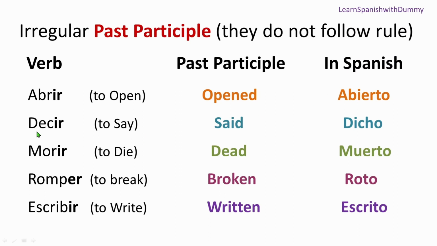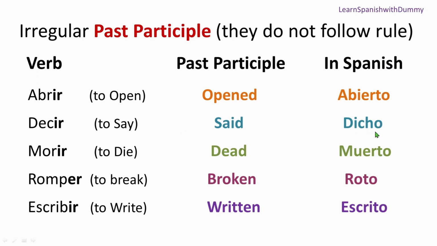Now decir. Decir is to say. I want to make it said. We say, I have said this to her. She has said, right? So decir, according to the rule, should be decido, replacing ir with ido. But no. Instead, you have to say dicho.